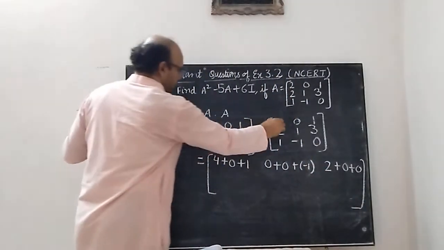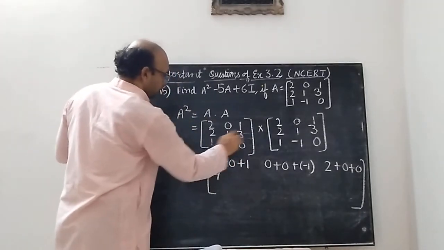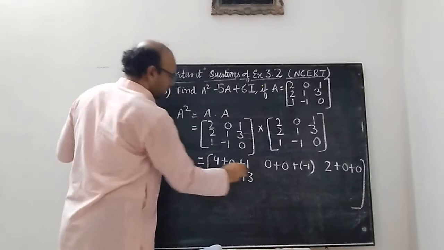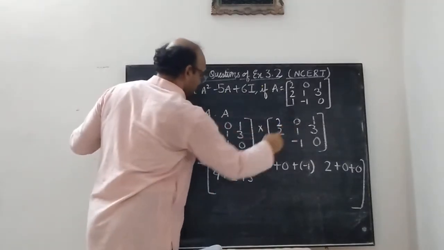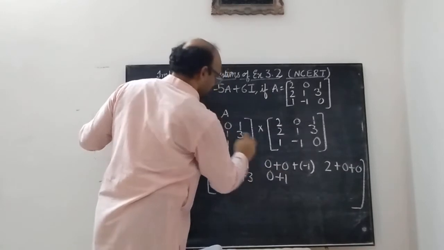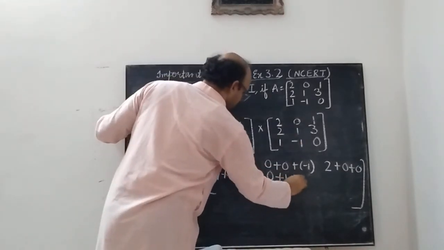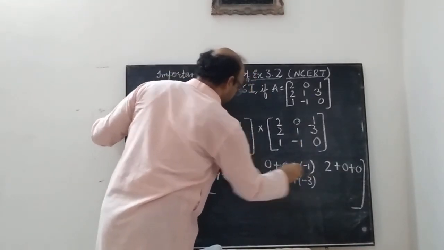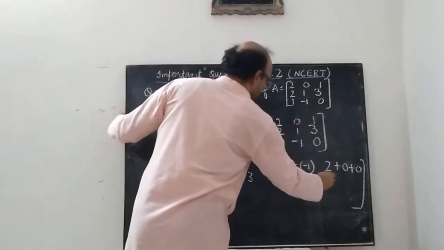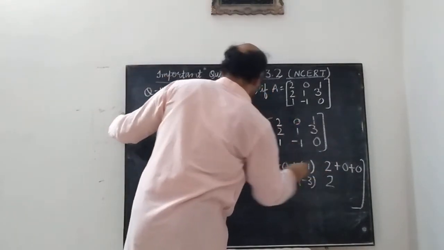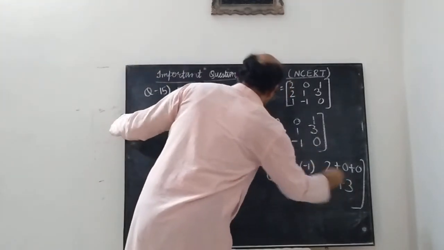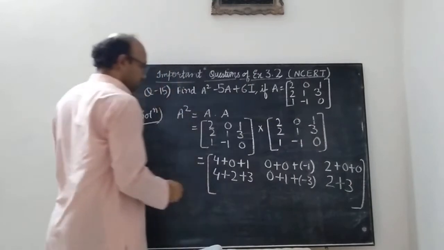This is 2 into 2 is 4, 1 into 2 is 2, plus 3, this is 0, 1 into 1 is 1, 3 into minus 1 is minus 3, then you have 2, then you have 1 into 3 is 3, and 3 into 0 is 0.